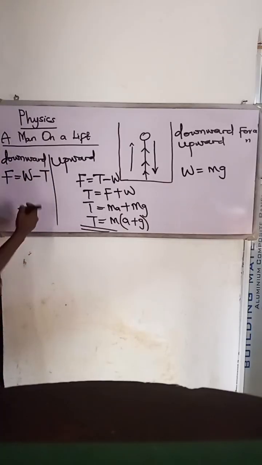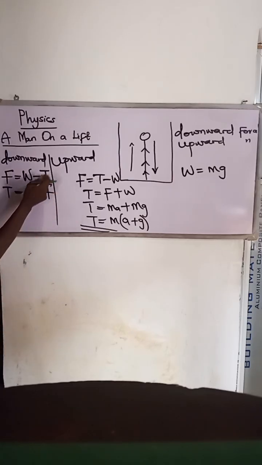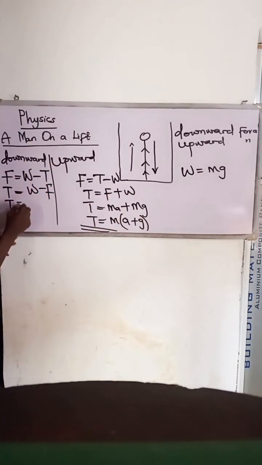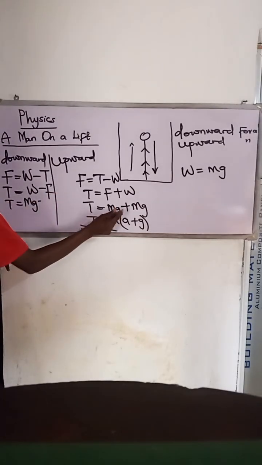Please understand it. Now, we still have to make tension the subject of the formula. So tension is equal to weight minus force. We bring this one over here, then we bring this one over here. Then tension is equal to, what is weight? Weight is mass times gravity, minus force, which is mass times acceleration.